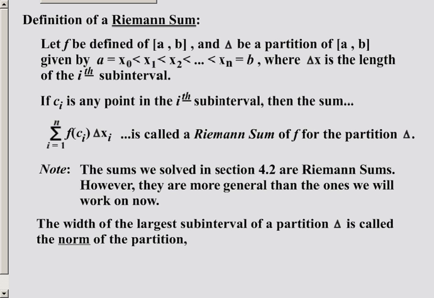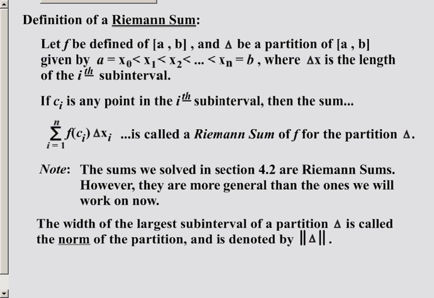The width of the largest subinterval of the partition delta is called the norm of the partition. Okay, so typically as you're moving through your curve, finding your area, when you get to the most horizontal part of the curve, that rectangle theoretically is going to have the largest width to it, and that guy is called the norm. He is denoted by some kind of funky absolute value bars.